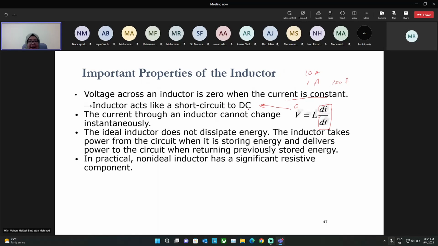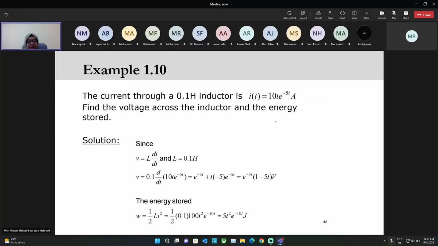That's why in DC conditions, an inductor acts as a short circuit. Short circuit means its voltage is zero. And the current through an inductor cannot change instantaneously because it needs to be continuous. And an ideal inductor does not dissipate energy. It takes power from the circuit while storing the energy, and then it delivers it back to the circuit, returning previously stored energy. So those are basically the properties of an inductor.